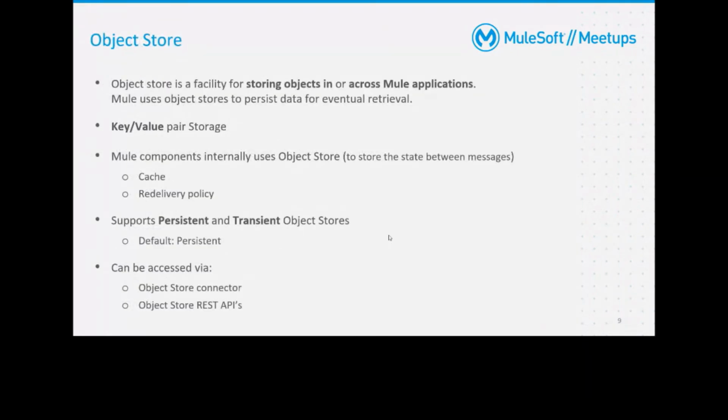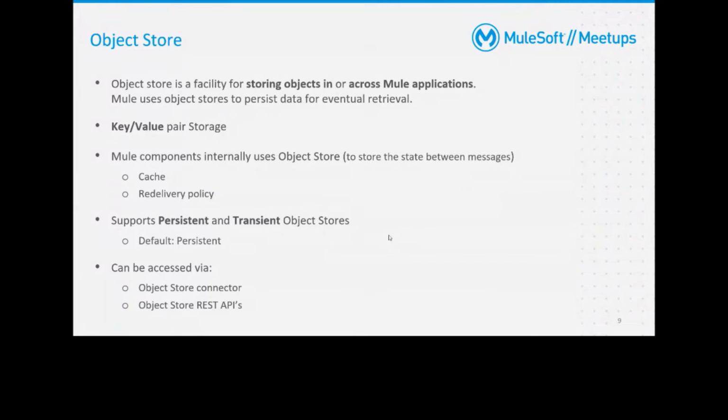Before we start with object store, say in our flow we want to save anything. We generally use set variables, right? So we save any data in a variable for further use in our flows. But if we have to use this data across our applications, or use the state between messages, that is not possible, because the variable is deleted as the Mule event gets deleted after the flow is completed.